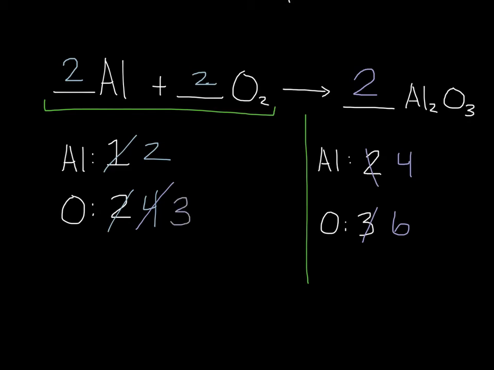If I did 3 of these instead of 2, well, that's 3 times 2, that's 6, so then I'd have a total of 6 at the end there, and then my oxygens are happy. And the aluminum, again, easy to fix.